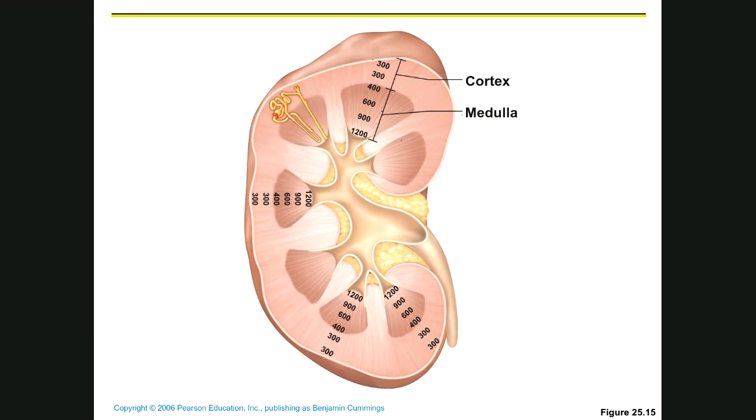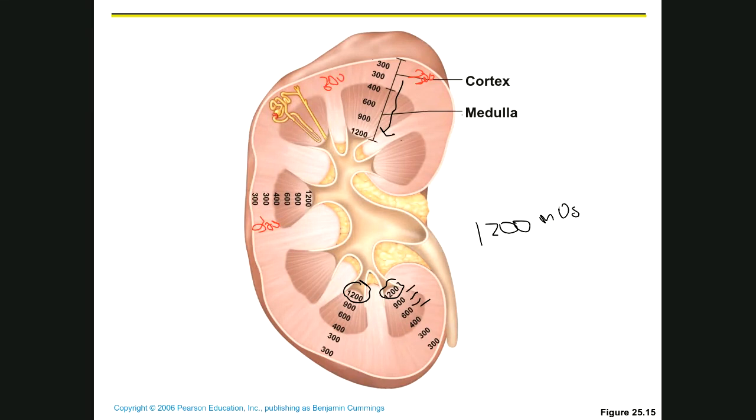Out here, it's normal, 300, 300, 300. But when you go into the medulla, the deeper you go, the saltier it gets. It goes 300, 400, 500, 600, all the way to about 1200 milliosmoles. In other words, it's very, very salty.